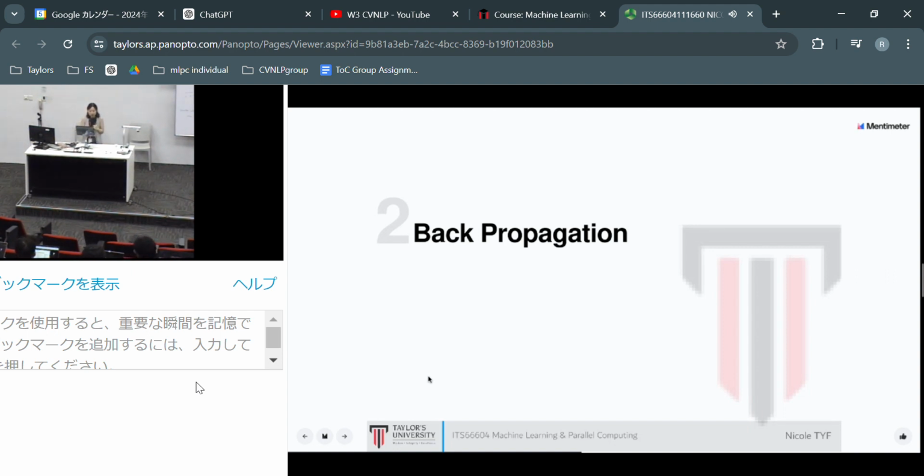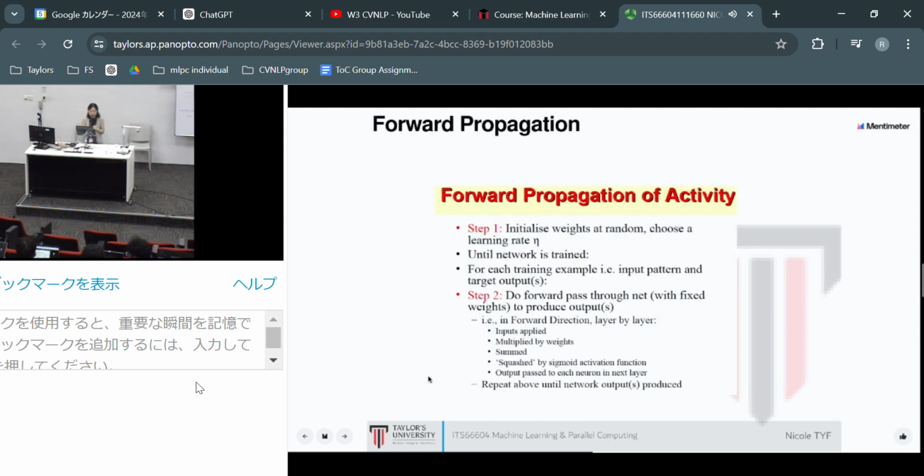How forward propagation works is that we have the input and we have our hidden layers. What happens within this neuron is that every time we initialize the training of this neural network, we are initializing the weights at random values. Say for example, every single line which we see consists of one weight.